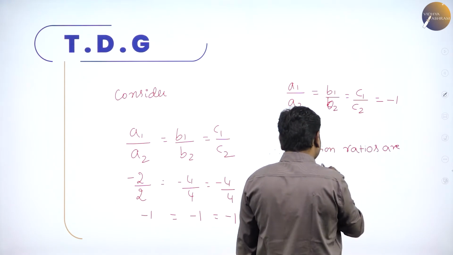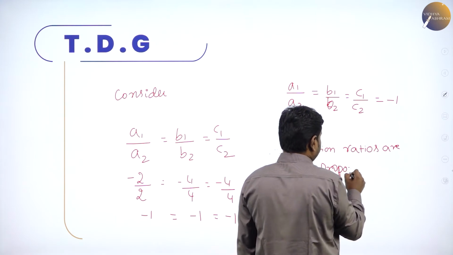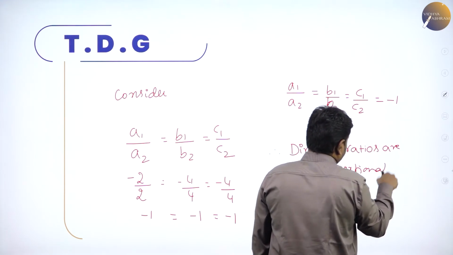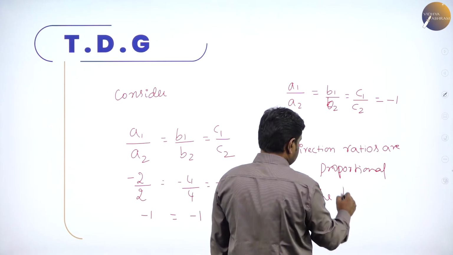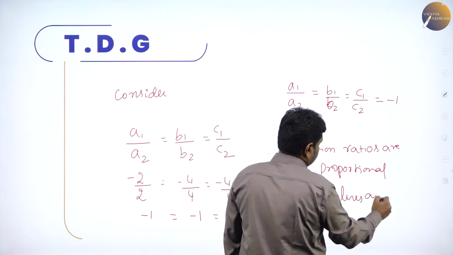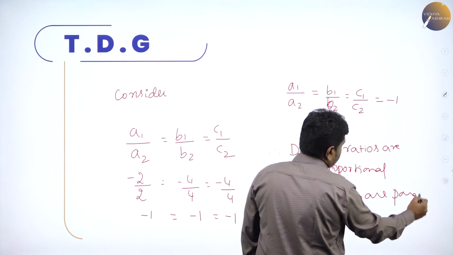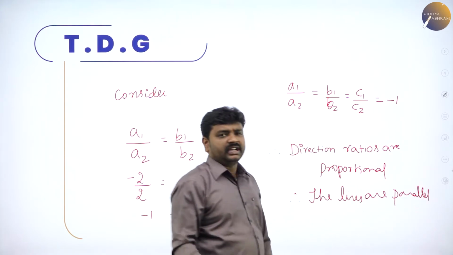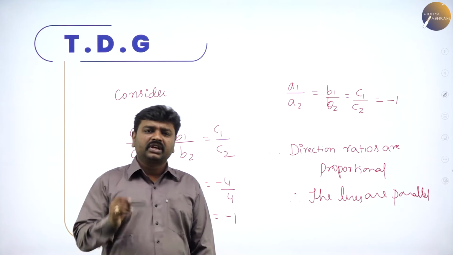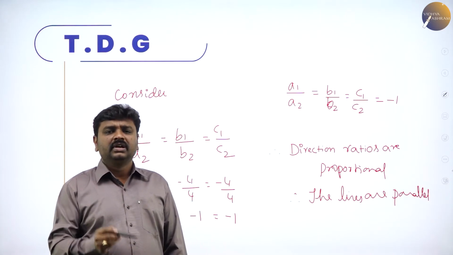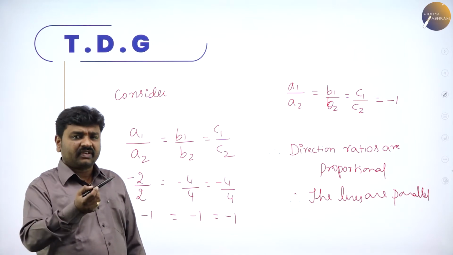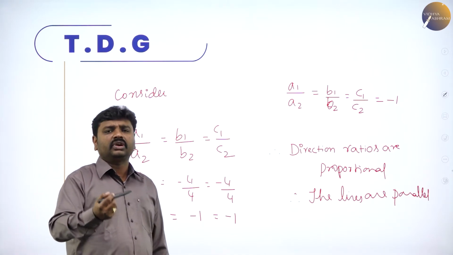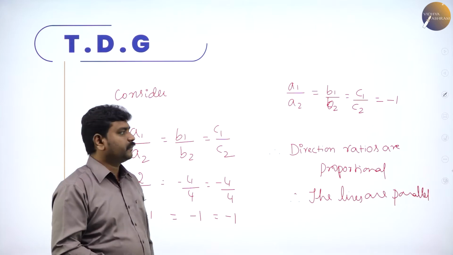Since direction ratios are proportional, the lines are parallel. When can you say lines are parallel? If the direction ratios are proportional. When can you say lines are perpendicular? If A1 A2 plus B1 B2 plus C1 C2 is 0, then they are perpendicular. If A1 by A2 equal to B1 by B2 equal to C1 by C2, they are parallel.